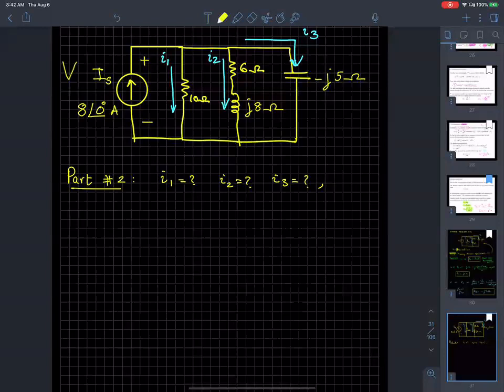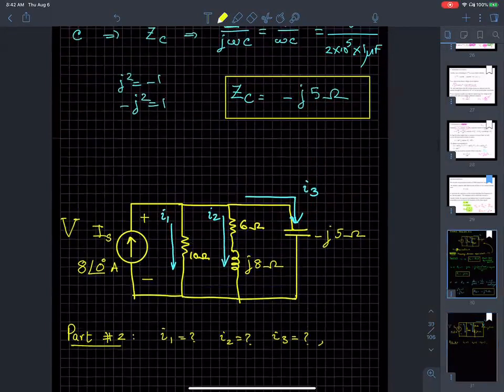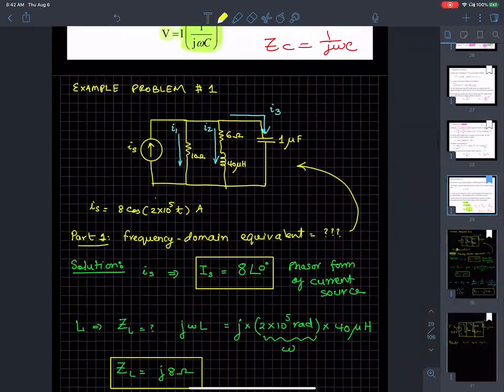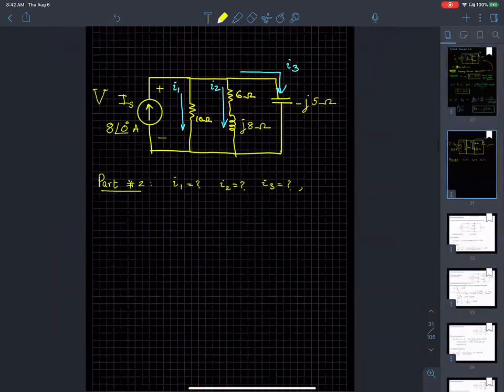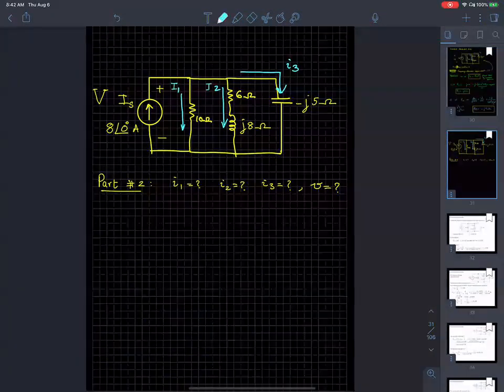If I call this capital V in the phasor form, what's little v? If this is little v, the steady state time domain expression for v is what? That's the second part of the problem. So let me translate all of these into capitals as well in the phasor form: I2, and of course I3.